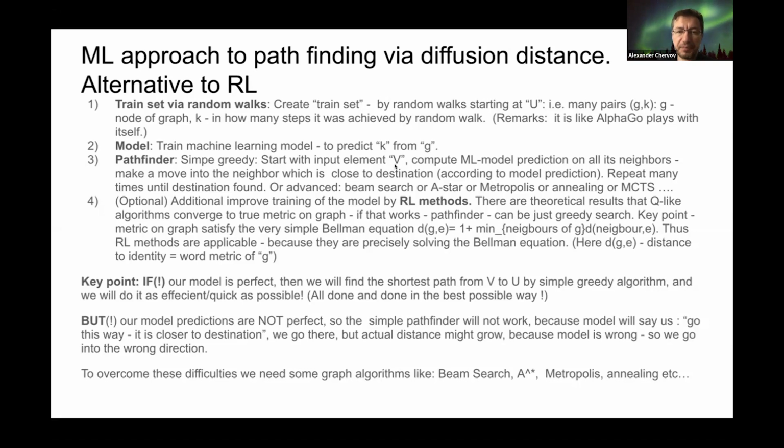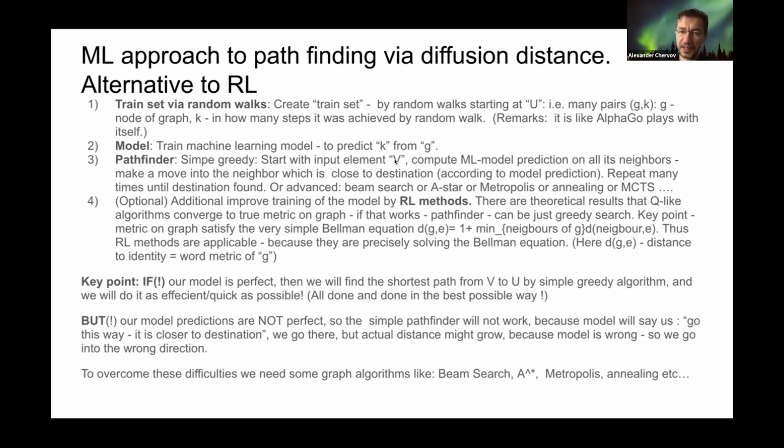Let me repeat it again. For example, for Rubik's cube 3 by 3, you have something like 12 moves, depending on generators. Imagine that the beam width is 1,000. So we produce 12,000 new nodes, because for each of the 1,000 we compute 12 neighbors.